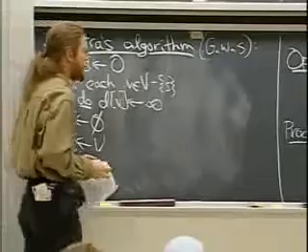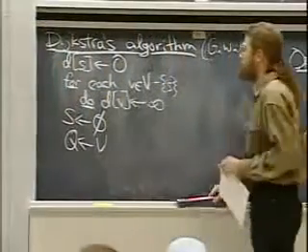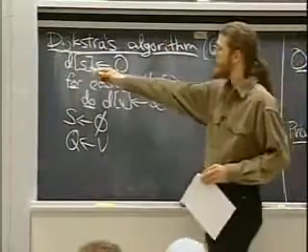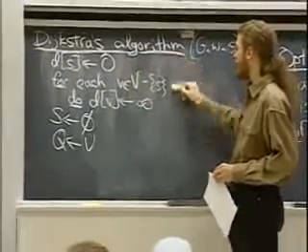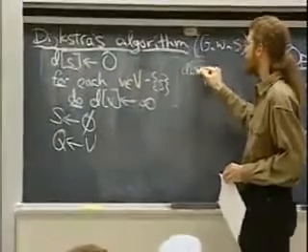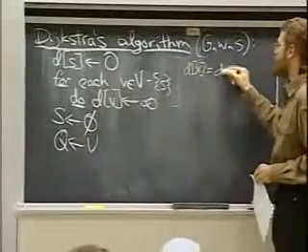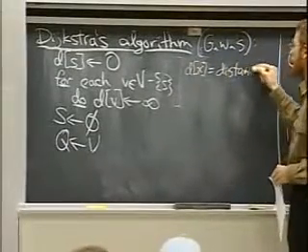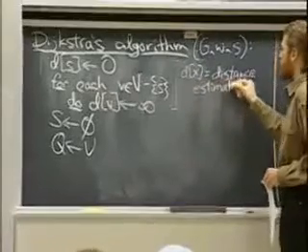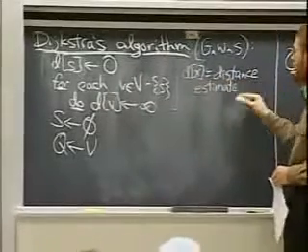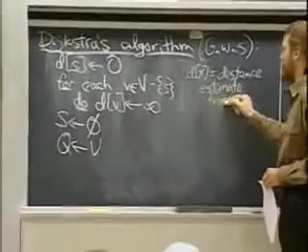Okay, but let me tell you what some of the variables mean. So this D is some array indexed by vertices, and the idea is that D of x is the distance estimate for x, so from S to x.